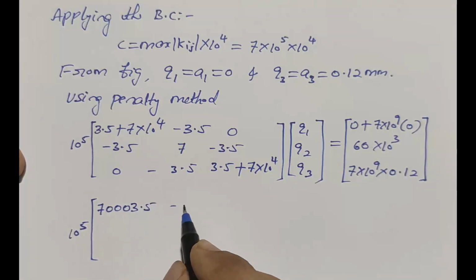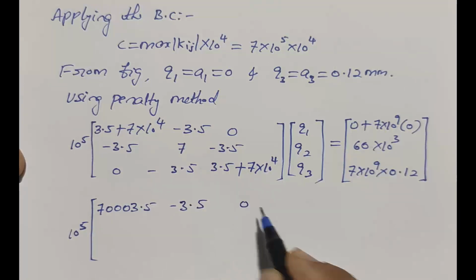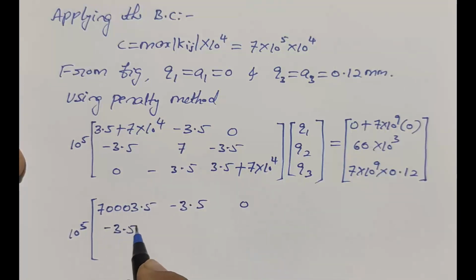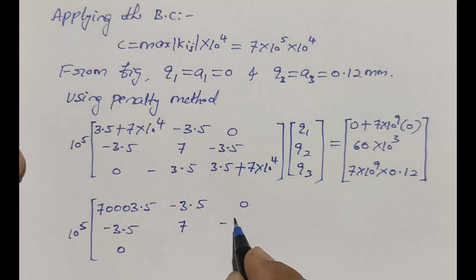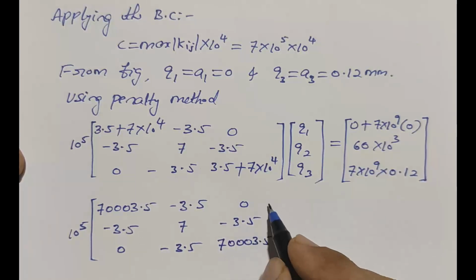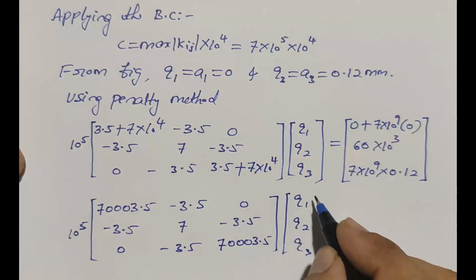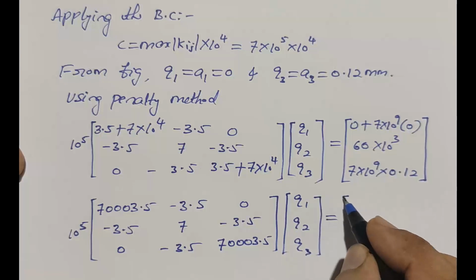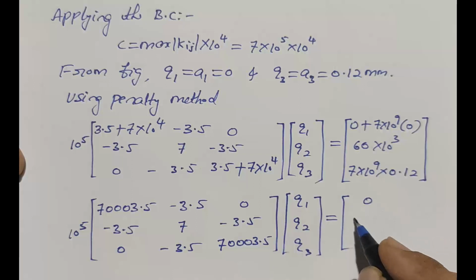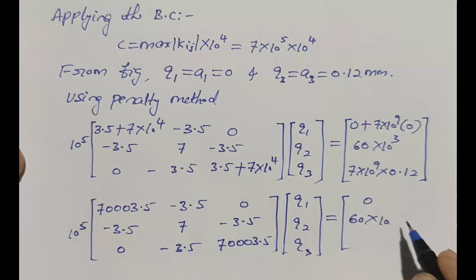3.5 minus 3.5, 0, minus 3.5, 0, 7, minus 3.5, minus 3.5, here it is again 7, 0, 0, 0, 3.5 into Q1, Q2, Q3 is equal to 0, 60 into 10 power 3.